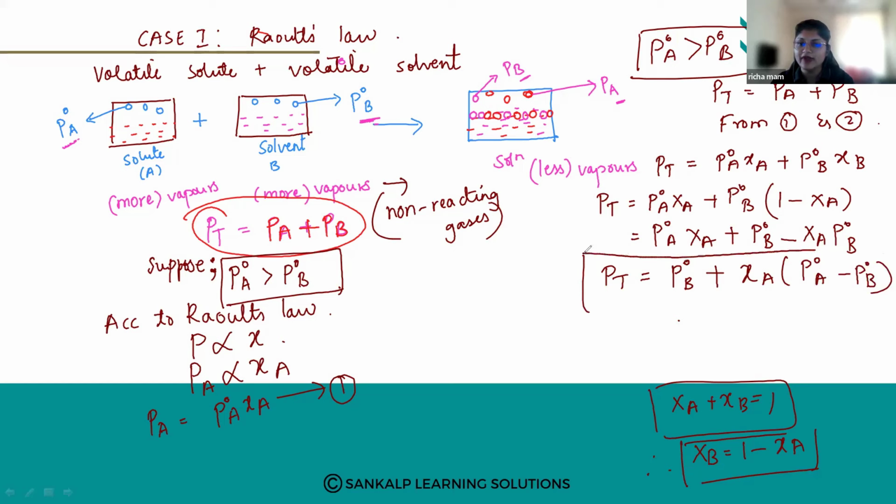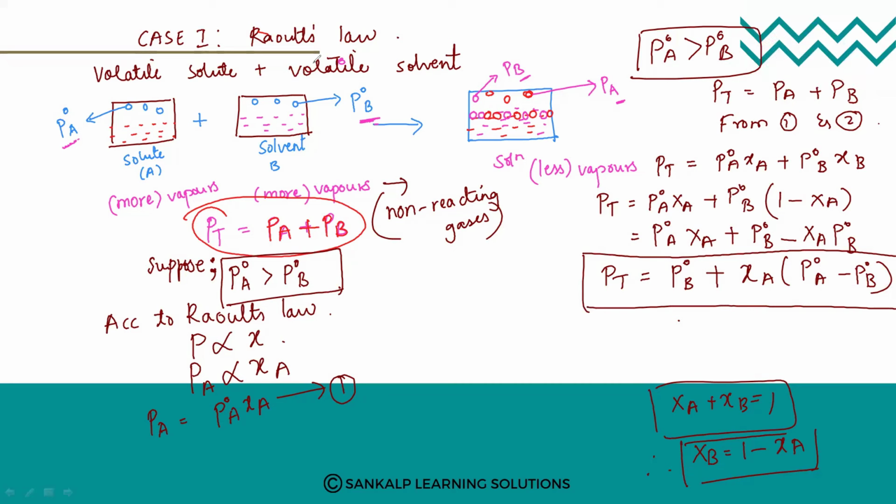So this is when you have P naught of A greater than P naught of B. Clear till here? Just see the steps, what all I have done. I'm just supposing it.